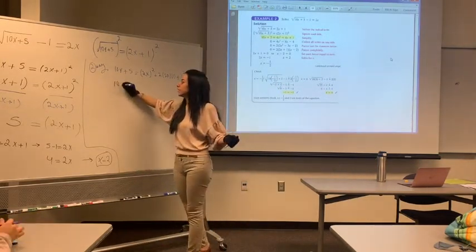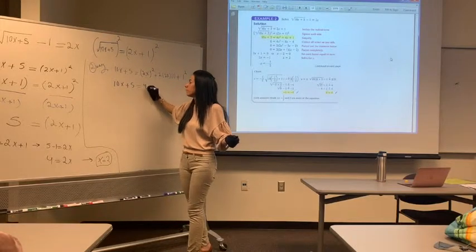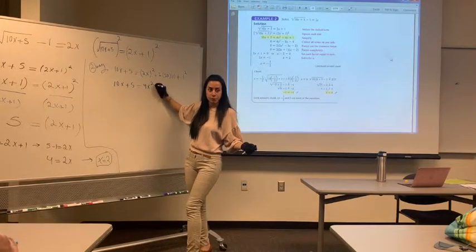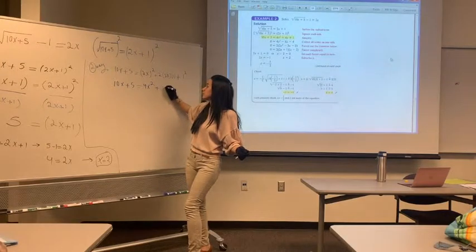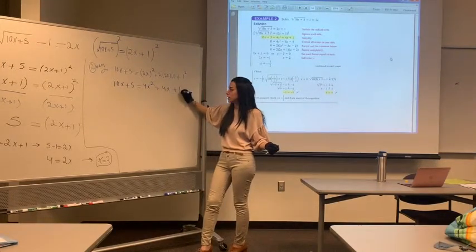So it will be 10x plus 5 equals 4x squared plus 4x plus 1.